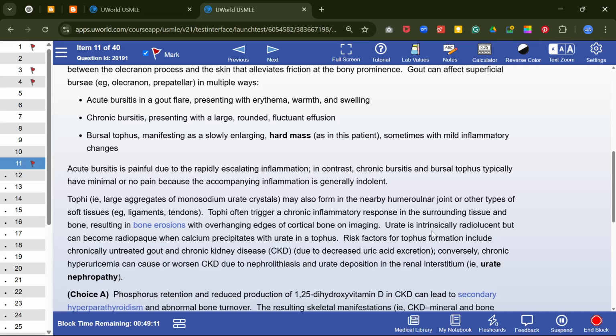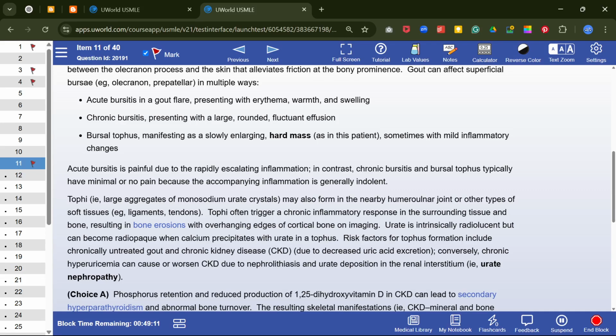Urate is intrinsically radiolucent but can become radiopaque when calcium precipitates with urate crystals in the tophus.